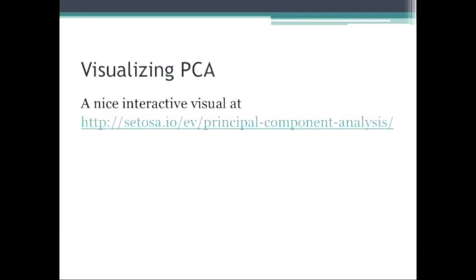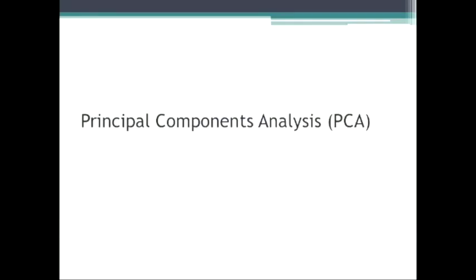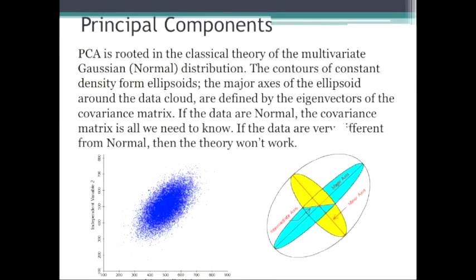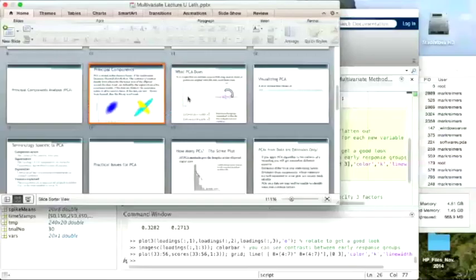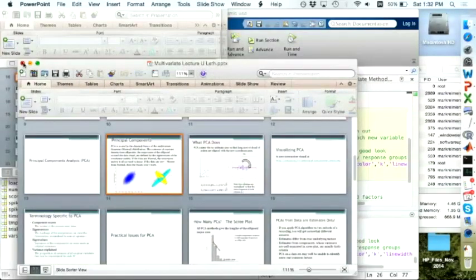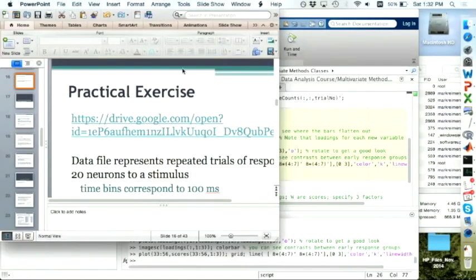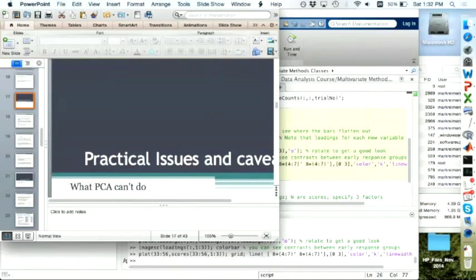Where are we? Am I on the right slideshow here? Sorry. No, I'm in the wrong slideshow. Sorry. There we are.